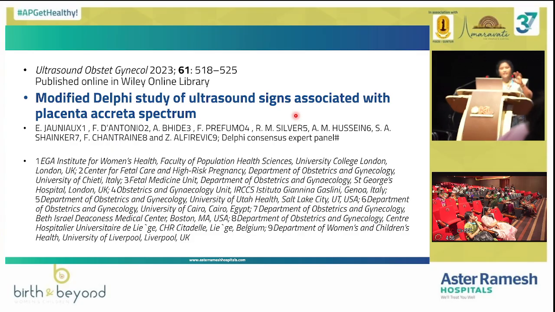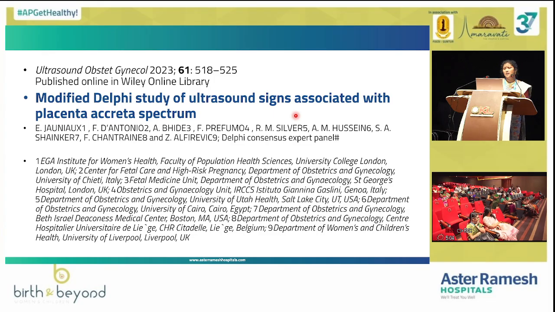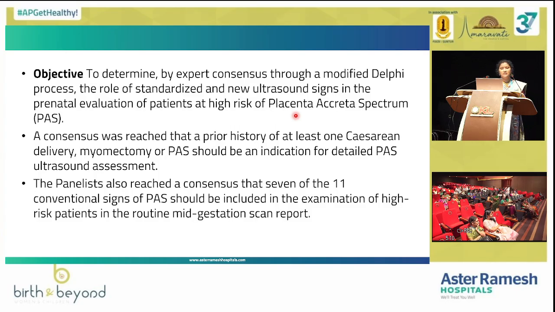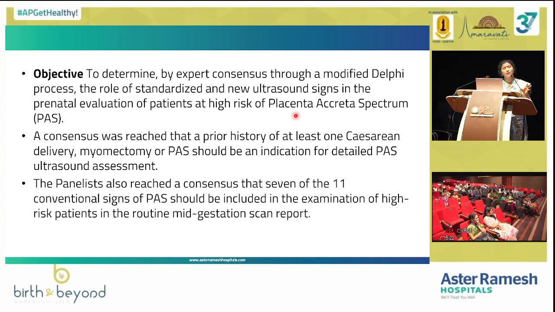So now again a study has been done in 2023 where they have taken the opinion of all the experts, and it is published in a 2023 journal as a Modified Delphi Study. According to this, they have reached a consensus that with a prior history of one cesarean delivery, myomectomy, or previous placenta accreta spectrum, we should do a detailed TIFA to rule out placenta accreta.